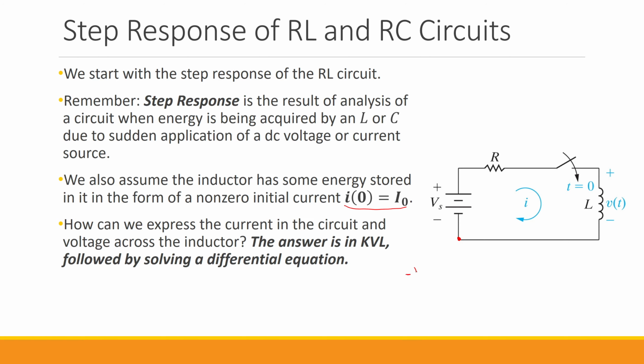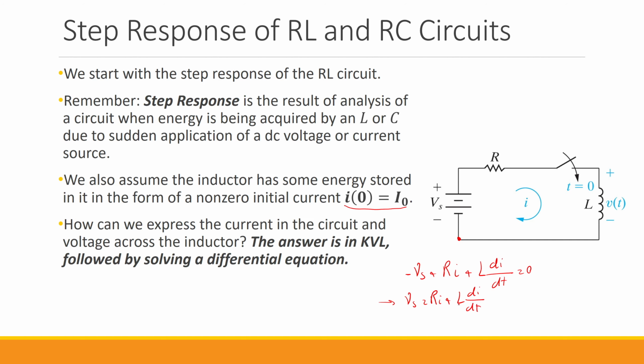So I have negative Vs plus Ri plus L di over dt equals 0. Or I can rearrange this and have Vs equals Ri plus L di over dt.